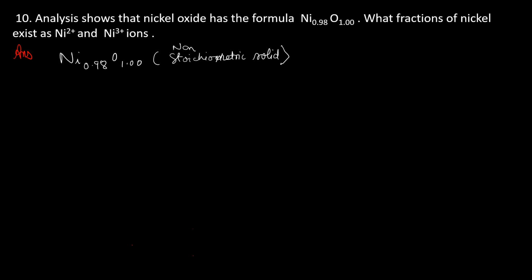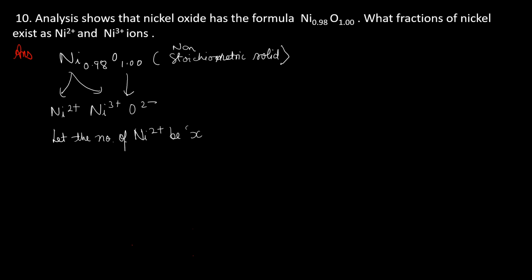Now, what does it mean? It is because in this case, the nickel exists in two states, 2 plus and 3 plus, while oxygen always exists in O2 minus state. Now the compound as a whole should always be neutral. So we have to calculate what fraction of nickel exists as nickel 2 plus ion and 3 plus ion. So let the number of nickel 2 plus ions be x.